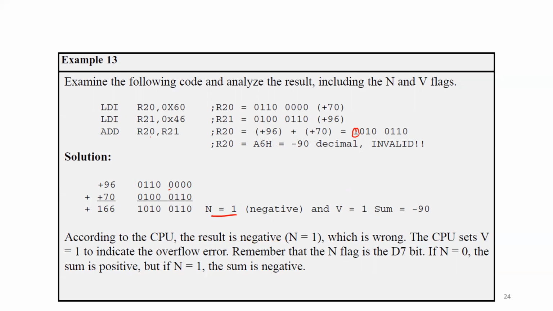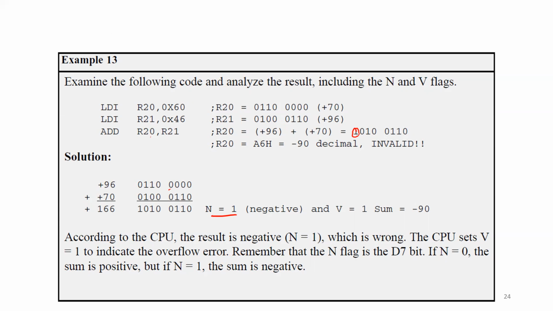So we have an overflow error, and it's going to be made active high like that. So N would be 1, and V also would be active high because of the overflow, to indicate the overflow error. Remember that the N flag is D7. If N equals 0, the sum is positive, and if N equals 1, this is negative.